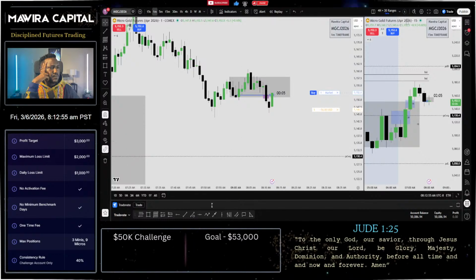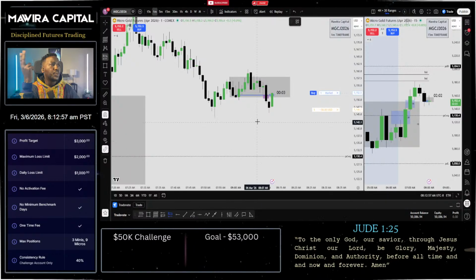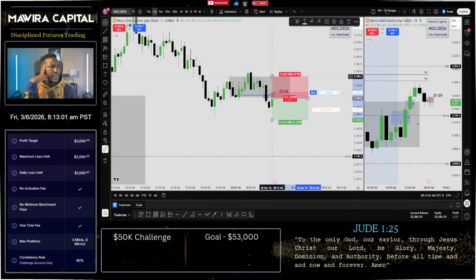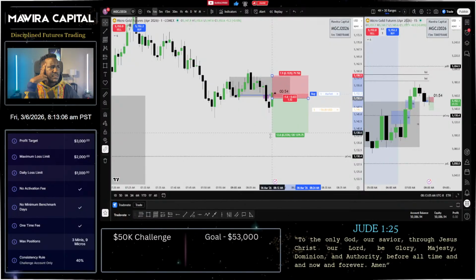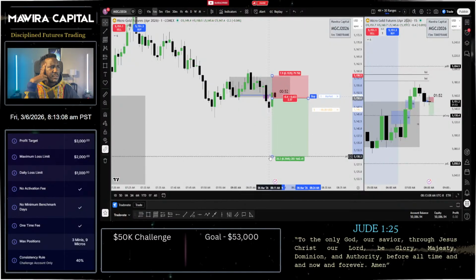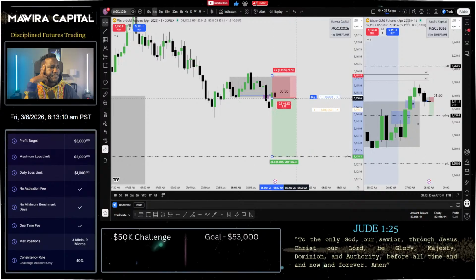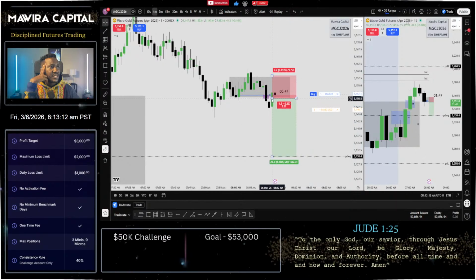So that would be me a while ago taking that short. And my stop loss just above that breaker. And maybe go for, I don't know, some level down here. And I'll go in with a sell limit. So I would be in this trade already.